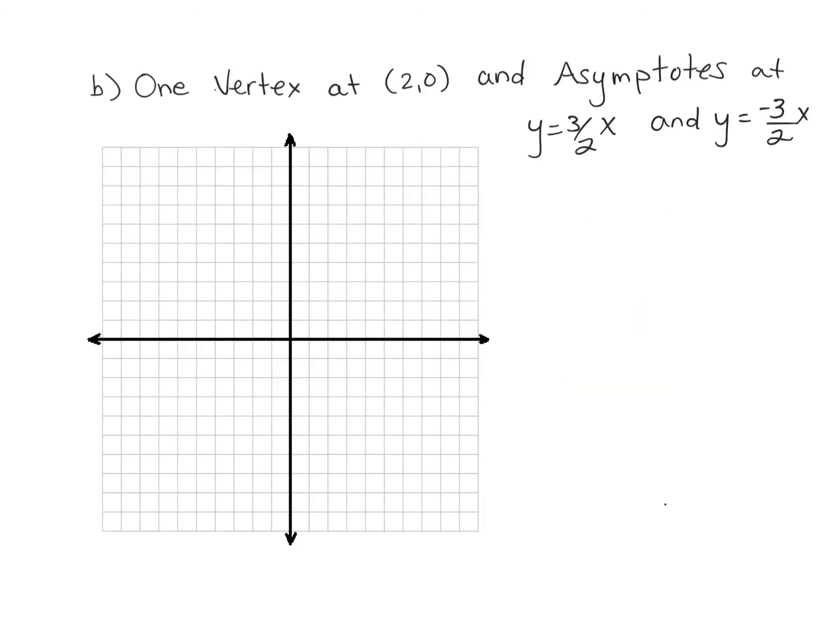For our last example, we also want to find the equation of the hyperbola. We're told that one of our vertices is at (2, 0), and that our asymptotes are 3/2 x and minus 3/2 x.